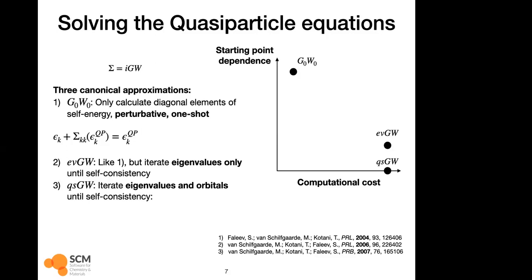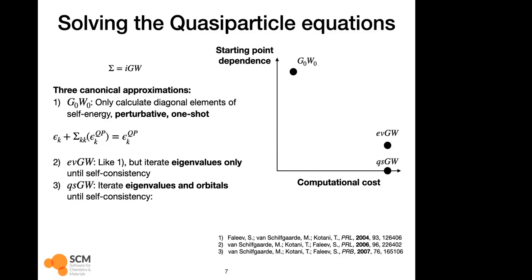Here you iterate eigenvalues and orbitals until self-consistency. Quasi-particle self-consistent GW is not completely self-consistent GW because the self-energy is actually non-Hermitian, and in quasi-particle self-consistent GW, you only consider a Hermitian form of the self-energy.